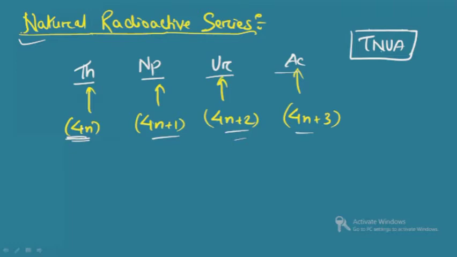You have to remember it is because alpha decay reduces the mass number by 4 units. So this is the reason that there is a difference of 4 and there are only 4 natural radioactive series. All right, now we will see the problems.